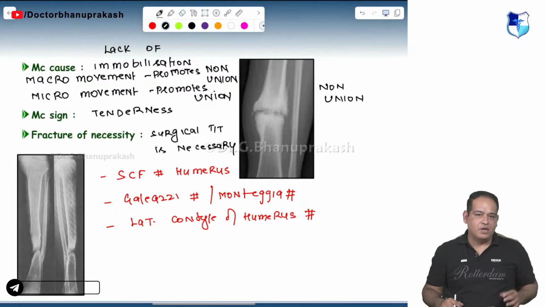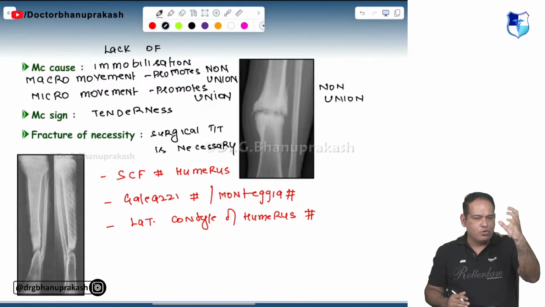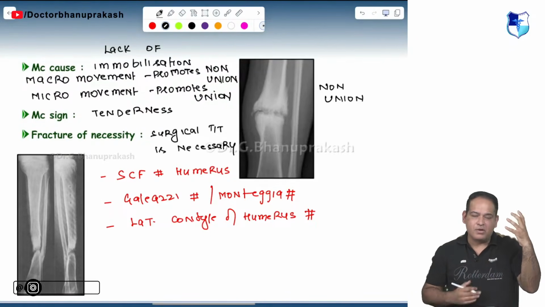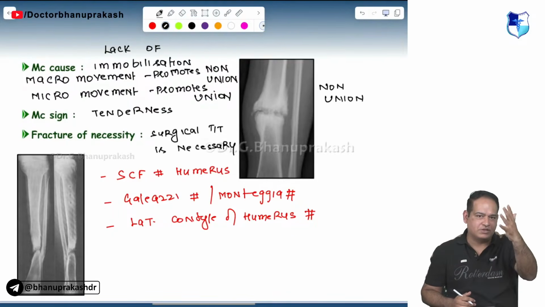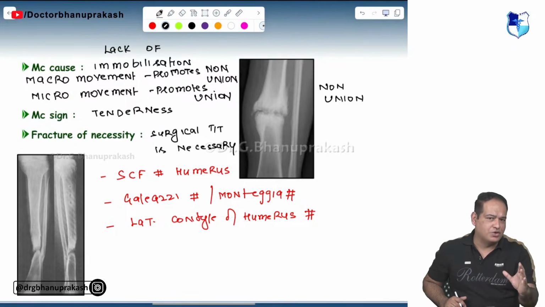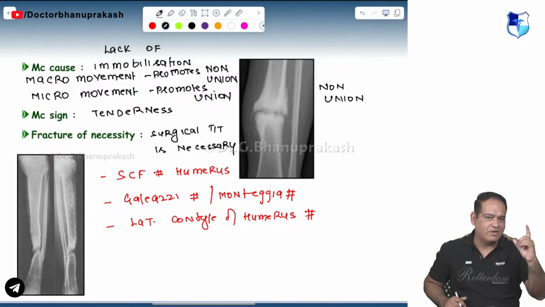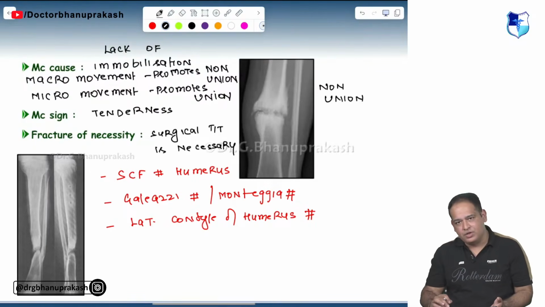So you move a little bit. Let's say there is a fracture in the humerus. You move the humerus a little bit, blood supply will increase. But if you move it like this, fracture will not unite. So macro movement will cause non-union. Micro movement will definitely cause union, and will definitely increase the speed of fracture union.